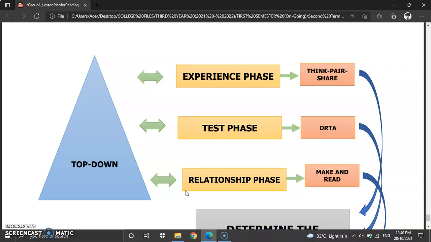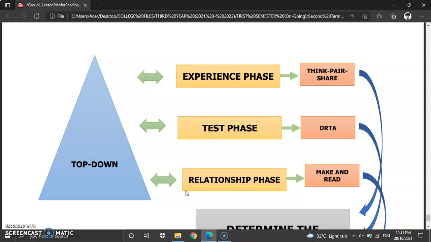Unlike the bottom-up approach, where they focus on letters and basic skills like matching sounds with letters, syllables, and words. The top-down approach suits this competency because it emphasizes meaning.